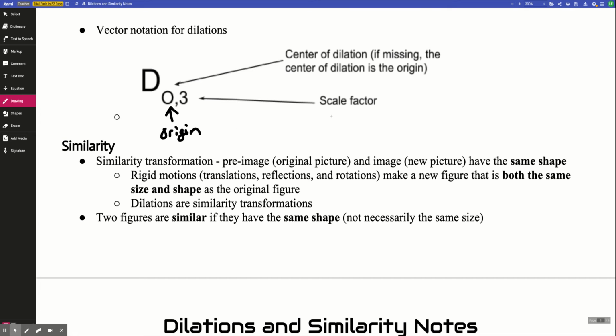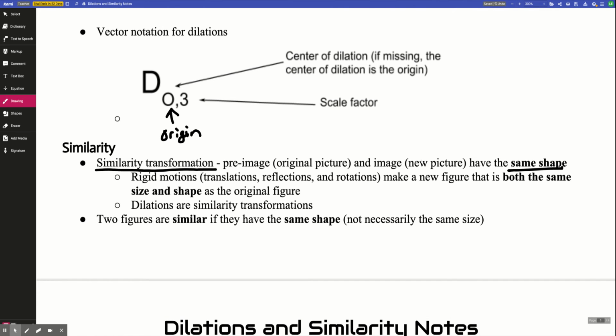Dilations, if we go back to the definition, change the size but not the shape of a figure. So dilations are an example of a similarity transformation. The figures are similar, meaning they have the same shape but different sizes. That's what similar figures are.